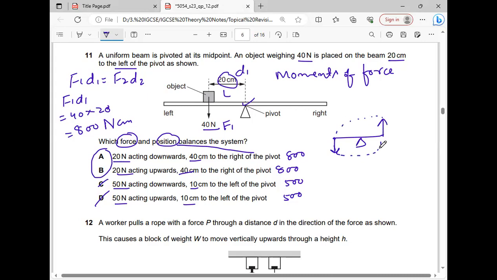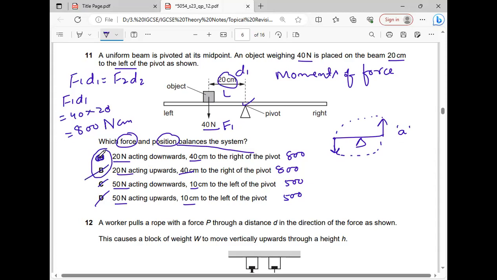The body will start rotating, and whenever there is rotation, acceleration is produced, due to which forces are supposed to be unbalanced. And obviously when the beam is rotating, it can never be in a balanced position. So option B is not possible.